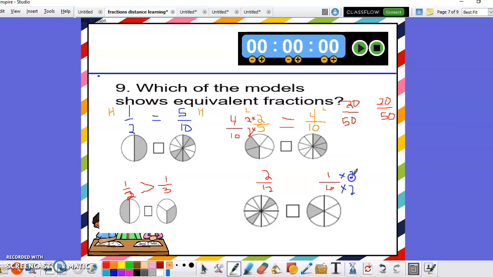Could you cross multiply? Yes, you could. 2 times 1 is 2. 6 times 2 is 12. So now I have 2/12. If I cross multiply, that would give me 12, and this side over here would give me 12 as well.